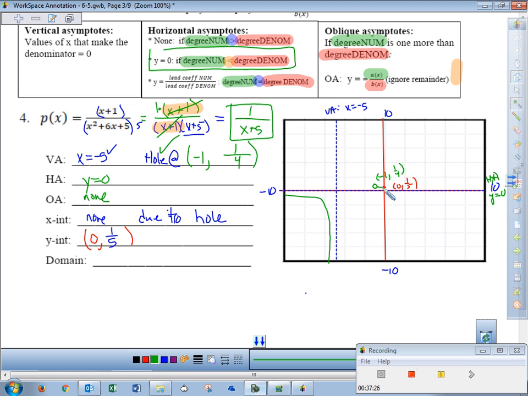So I'm going to do this. It's getting closer and closer this way, and then this. There is a big old hole in the graph. Make sure that thing is visible for me to see that you put a big old hole there in the graph at x equals negative 1. Then highlight your actual branches.